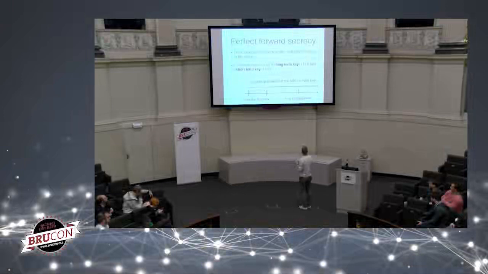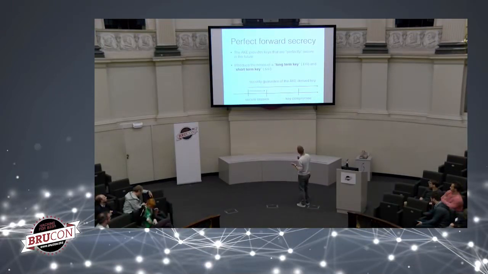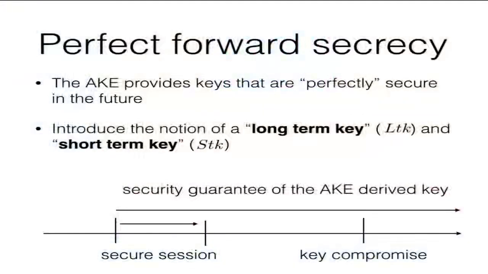The security guarantees of this key, namely providing confidentiality, need to hold true even when the secure session is finished. So when a key is compromised, we want the guarantees of this AKE-derived key to still hold true. That's what we want. We want the key to be perfectly secure forward in time.